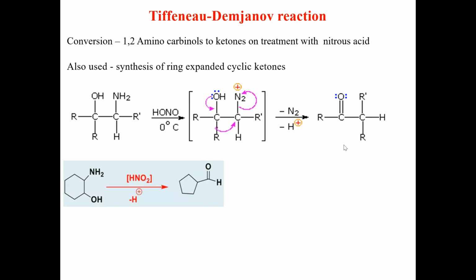If I take an amino alcohol with a cyclohexane ring, when it is treated with nitrous acid, I'll get the corresponding cyclopentyl carbaldehyde.